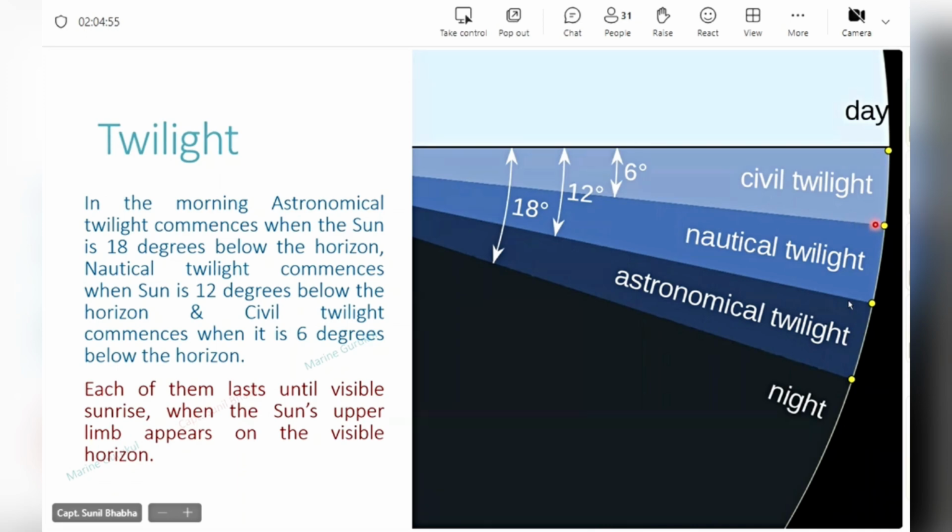So after 6 degrees, we may not be able to easily identify the stars for the purpose of sight taking. It is so bright in the sky that the stars start to disappear. So this period is also not very suitable for sight taking. The most suitable period is from the commencement of nautical twilight, when the sun is 12 degrees below the horizon, to the commencement of civil twilight, when the sun is 6 degrees below the horizon.